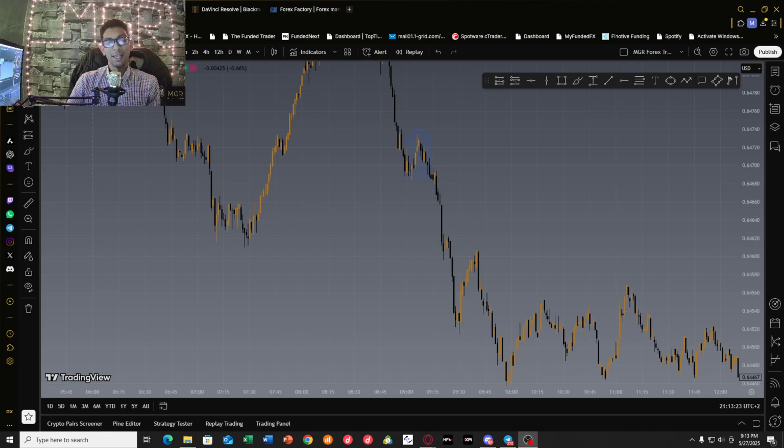We hit a phenomenal amount of take profit hits on various different pairs across various different asset classes as well. It was a really wonderful, great, profitable day of trading.